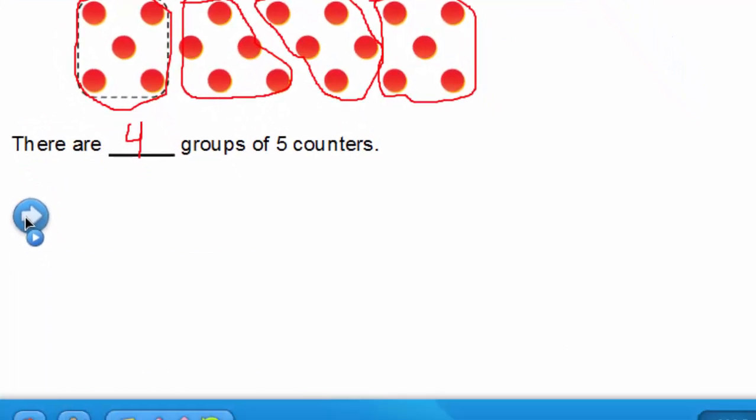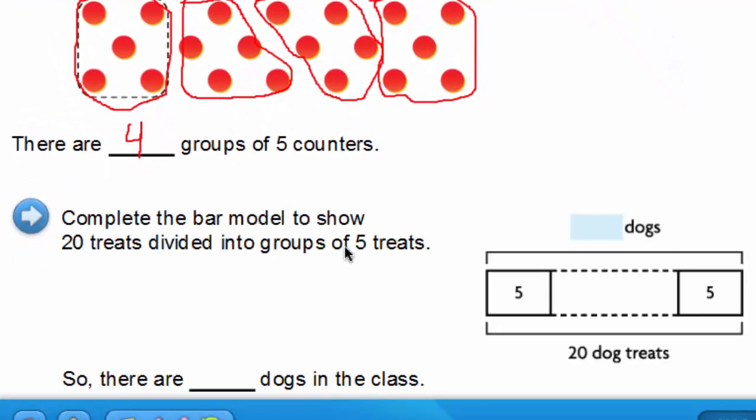Now, let's look at how that looks on a bar model. Complete the bar model to show 20 treats divided into groups of 5 treats. We still have the 20 treats, but now each dog is getting 5 treats. But how many boxes would we have? We would have 4 boxes, wouldn't we?